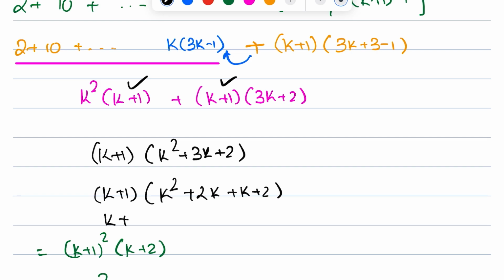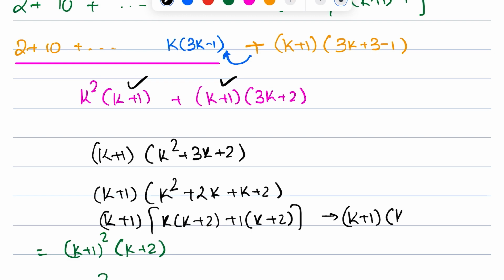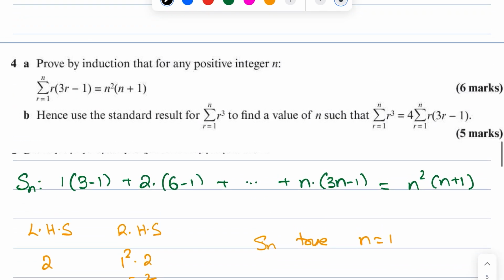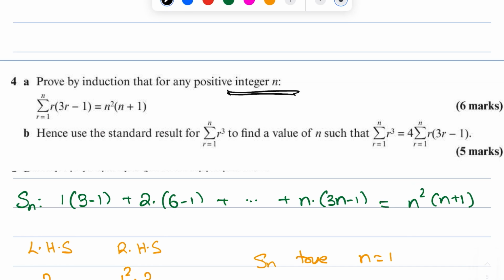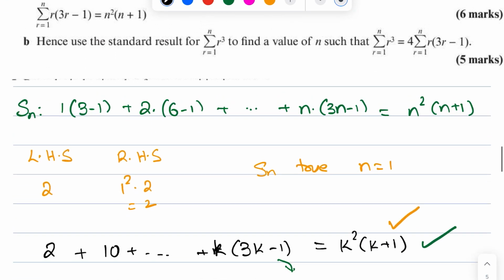So it becomes (k plus 1) times (k bracket k plus 2, plus 1 bracket k plus 2), which becomes (k plus 1) times (k plus 2) times (k plus 1), which is the required answer. Therefore, by the principle of mathematical induction, it is true for n equal to a positive integer. Don't forget to write the conclusion.